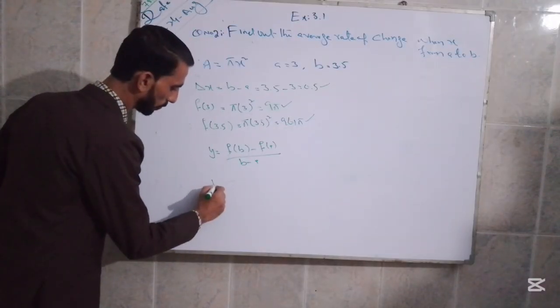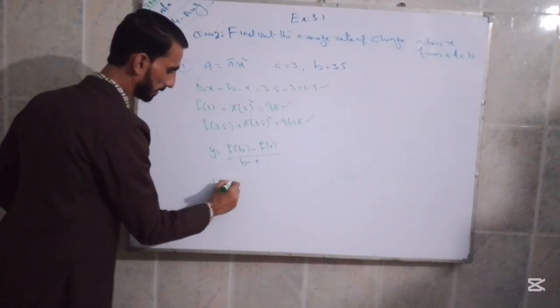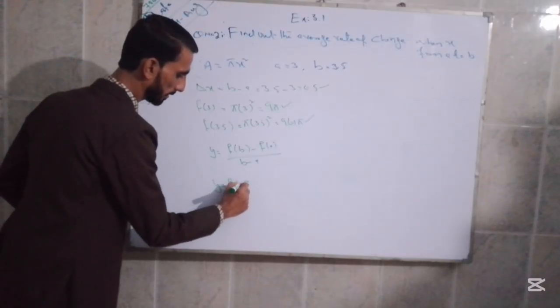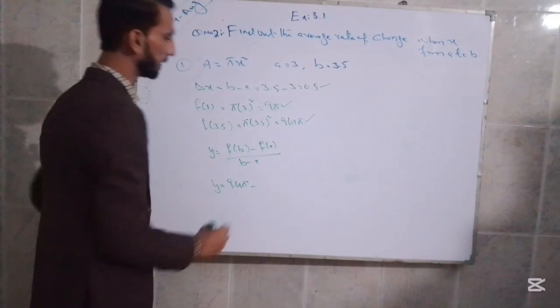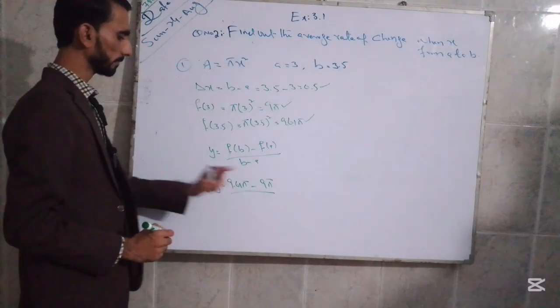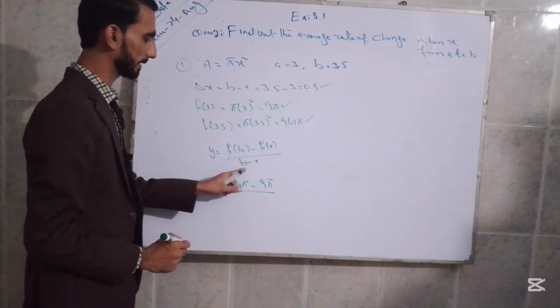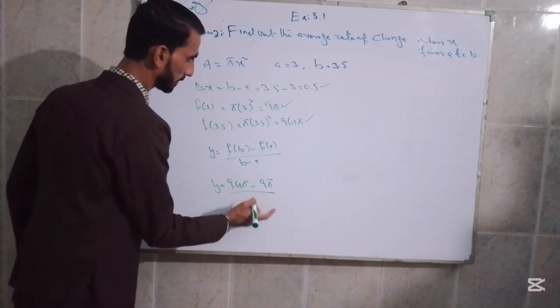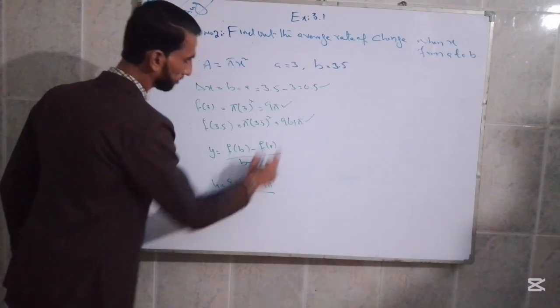So y is f of b, which is 9.61 pi, minus f of a, which is 9 pi, upon the difference, which is 0.5.